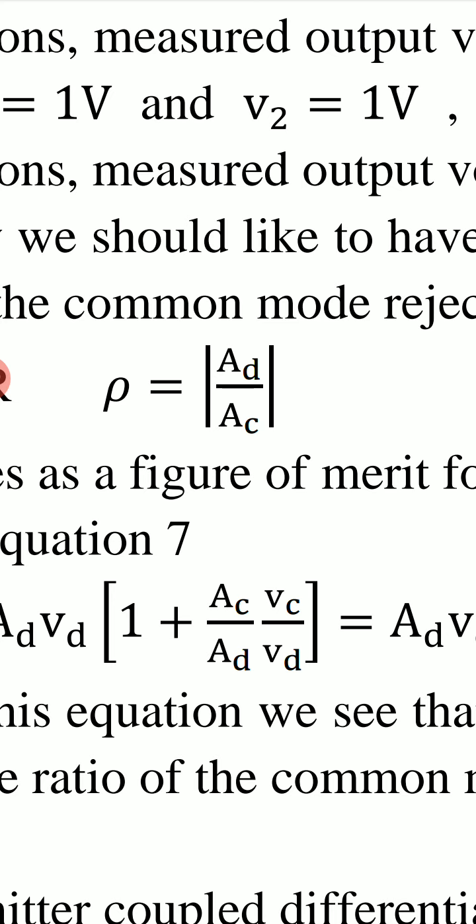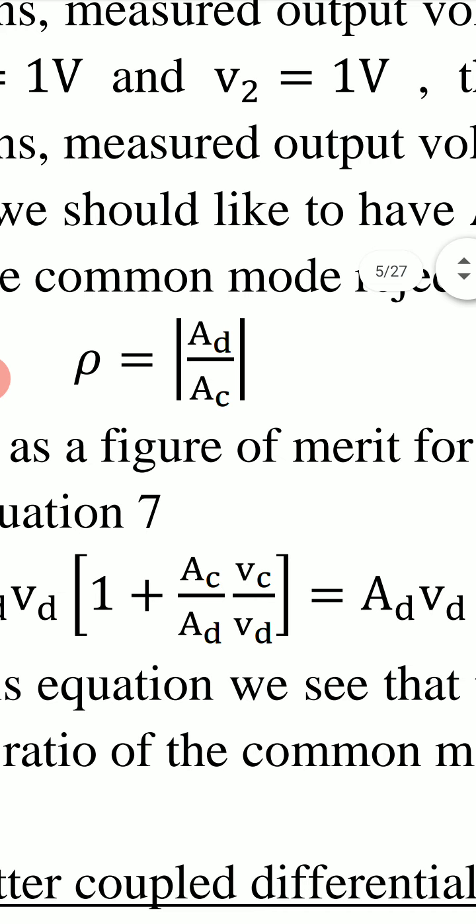For ideal differential amplifier, Ad must be large and Ac must be small, and ideally Ac must be equal to 0. So this common mode rejection ratio rho for an ideal differential amplifier must be equal to infinity. In practice, it is not possible that Ac is equal to 0 and rho is equal to infinity.